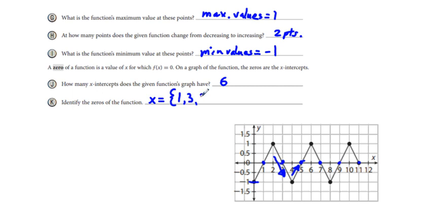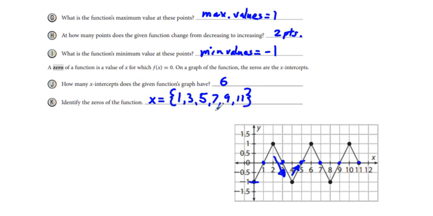Now it looks like there's a pattern here, doesn't it? Our zeros appear to be 2 units apart. So 7, comma, 9, comma, 11.